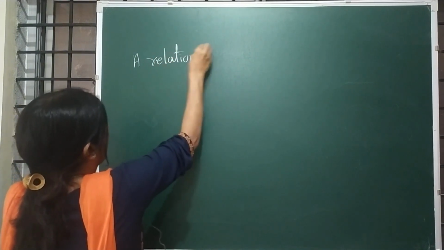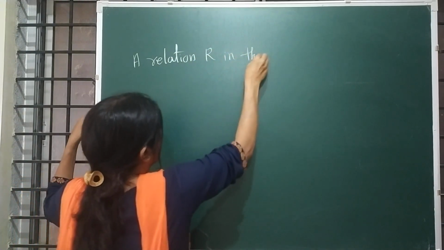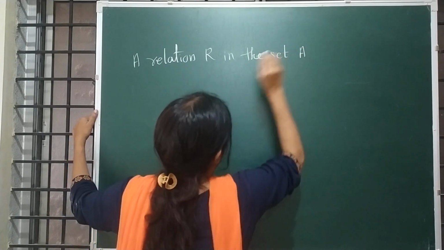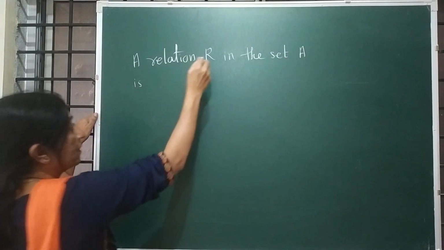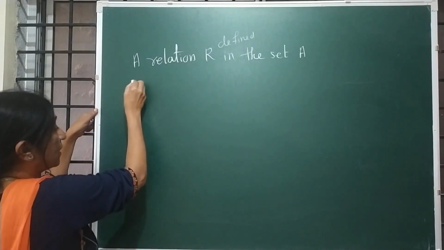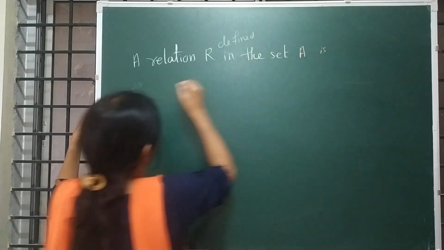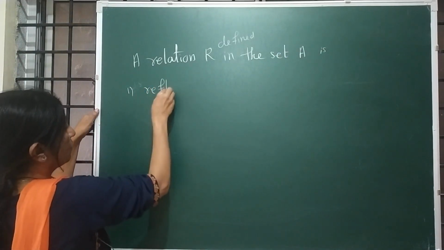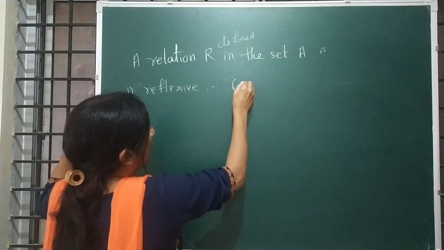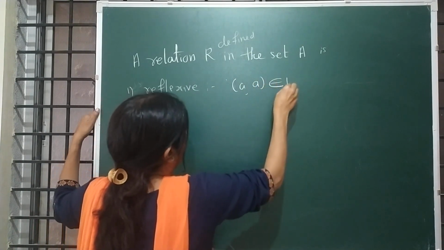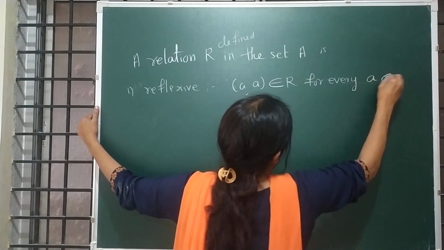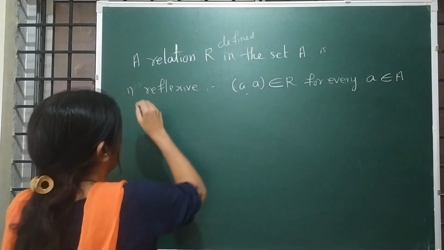A relation R defined in the set A is, first one, reflexive. Reflexive means: (A, A) belongs to R for every A belonging to A, an element of the set A.